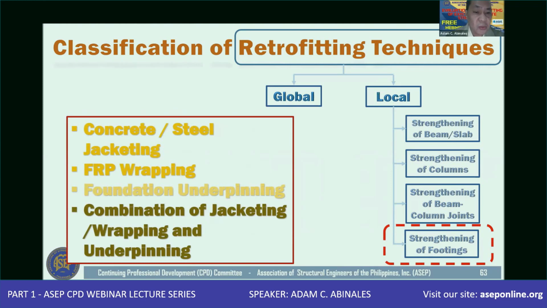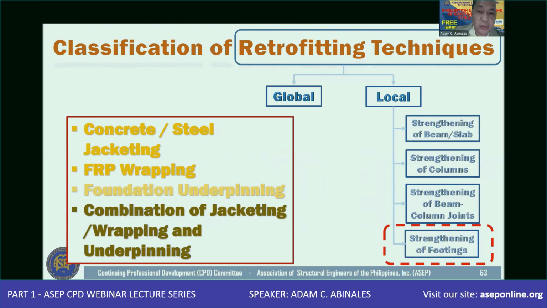You can still do it using FRP wrapping, or there are cases wherein you have to intervene, especially under the foundation, and that is doing the underpinning. Or you can do a combination of both, jacketing or wrapping and then underpinning.